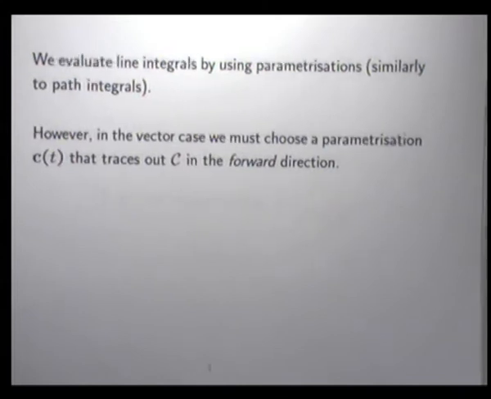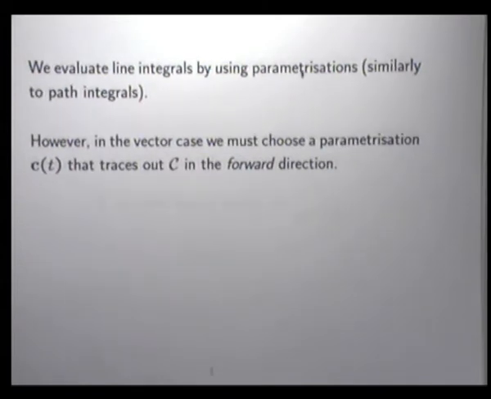All right, so how do we evaluate these line integrals? We know how they're defined: it's just the path integral of the dot product of F with T hat. Well, we use parameterizations, just like we did with path integrals. But there's an important difference, and this is getting back to direction matters.